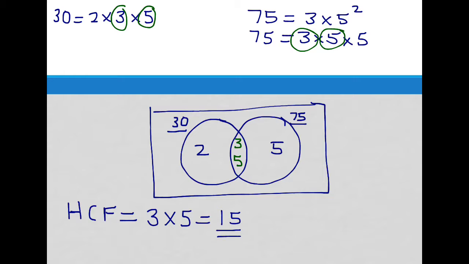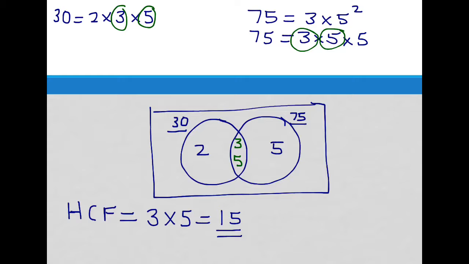So my highest common factor is 15. And just checking, 15 is a factor of 30 and 15 is a factor of 75. So I can even just do that check and think it through so that I know my answer should be correct. It's important that we review our answers before we move on.